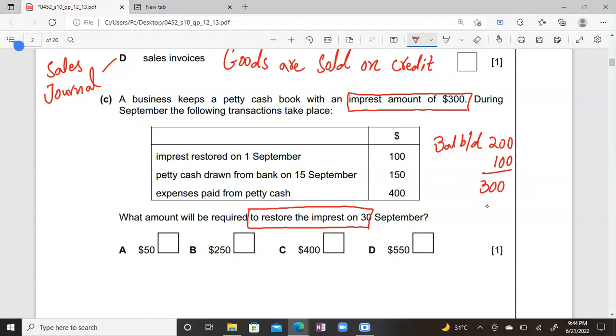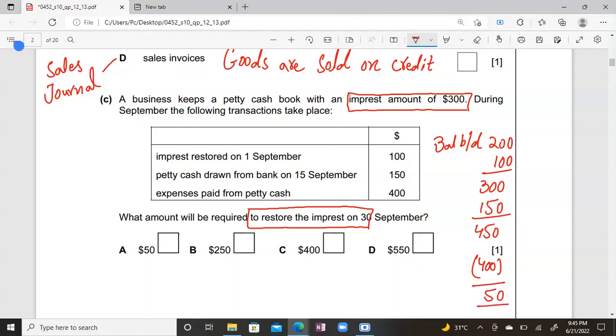Now during the month, on 15th September, 150 is drawn from the business bank account. So now the available balance is 450. 400 is paid. So the remaining balance left is 50.